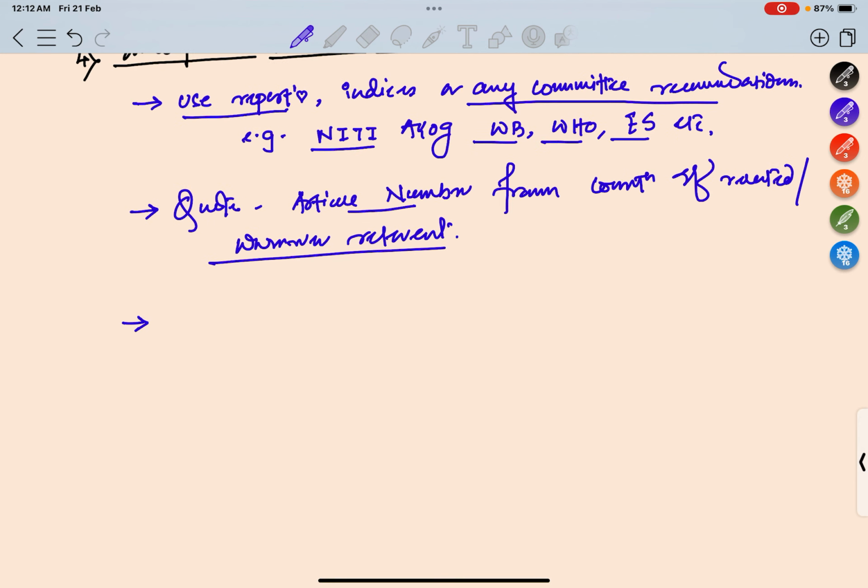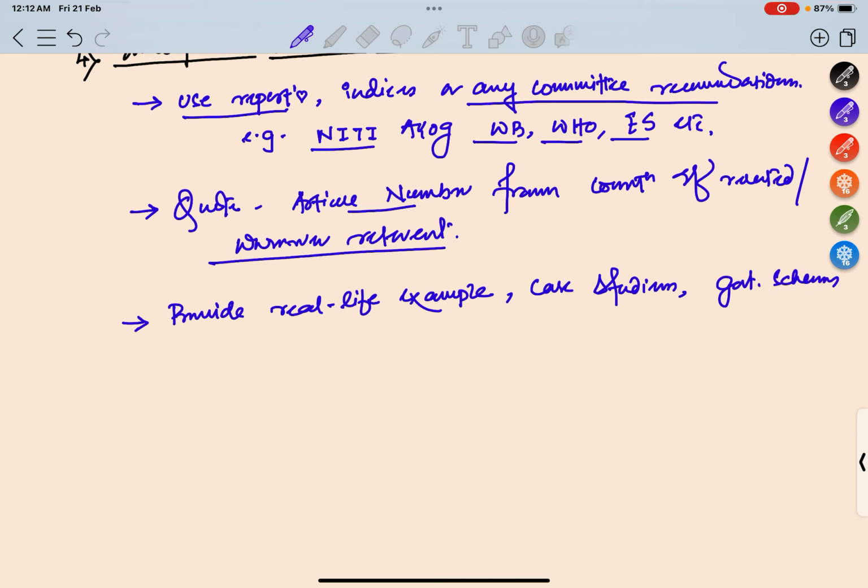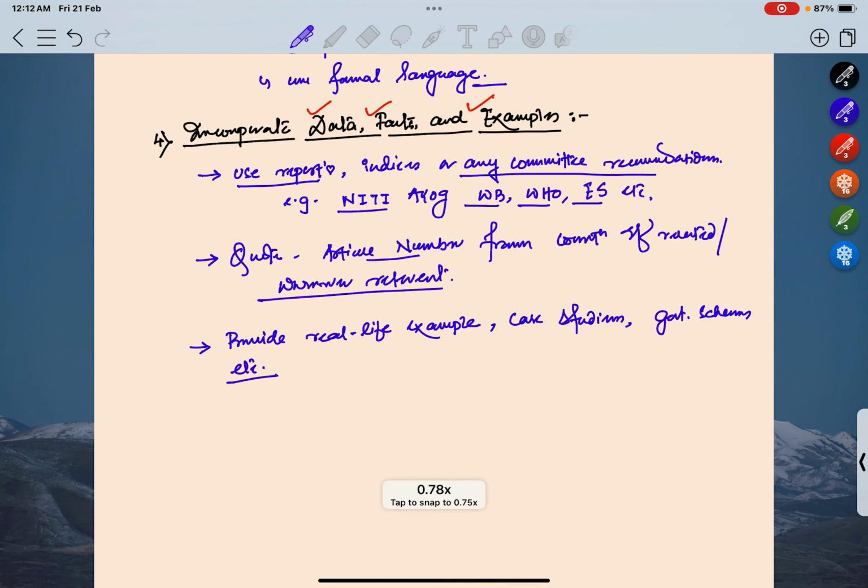Next, what you should do is provide real life examples, case studies, government schemes, etc. When you incorporate these in your answer, it will get another value.